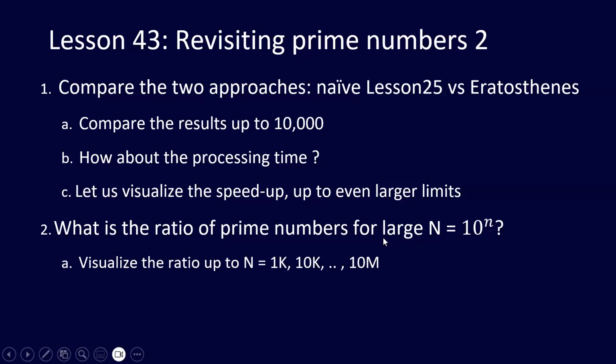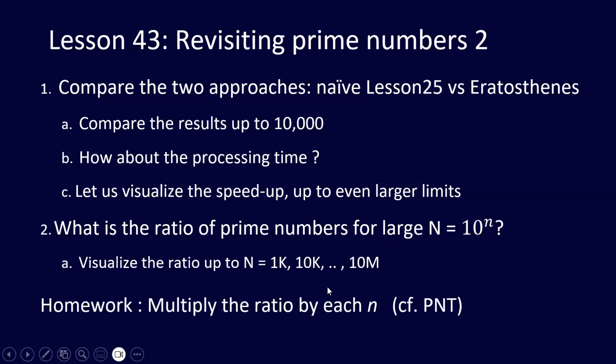To do that, multiply the ratio by the log of large n. That's something to do with a very important mathematical theorem called PNT, the prime number theorem. If you're interested, please study and find out more about PNT and see if you can prove something about this. We'll come back to this topic next time.